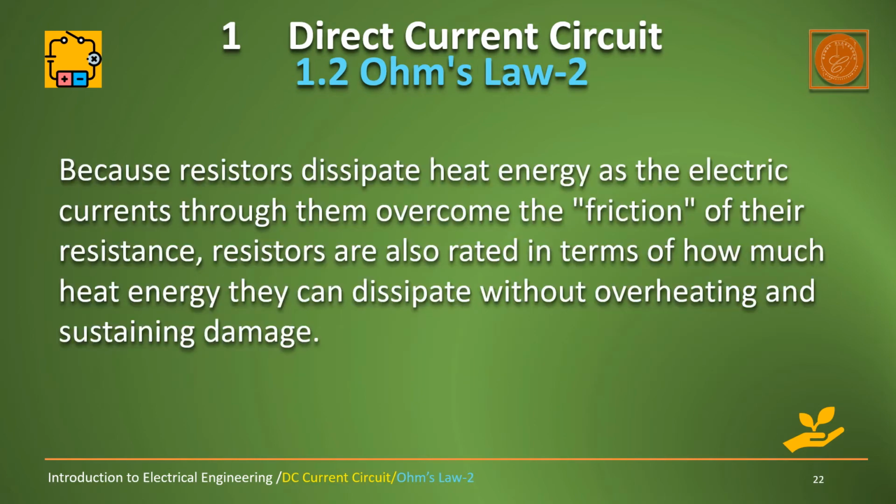Because resistors dissipate heat energy as the electric current through them overcomes the friction of their resistance, resistors are also rated in terms of how much heat energy they can dissipate without overheating and sustaining damage.